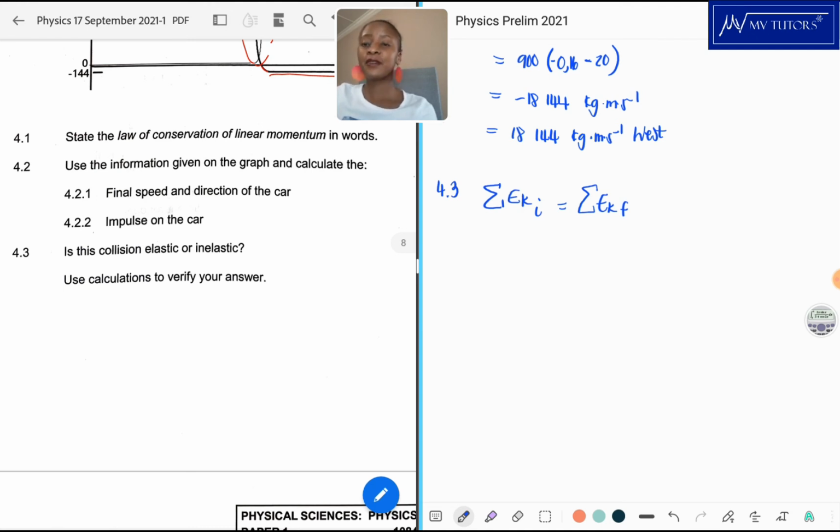If the sums of the kinetic energies are not equal before and afterwards, then it is not elastic, it is inelastic.